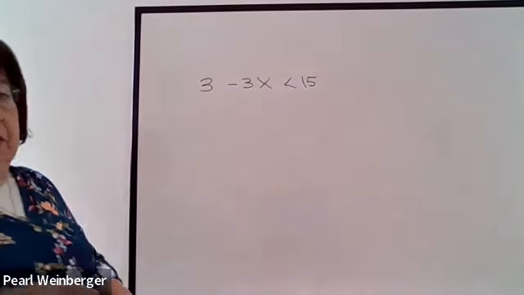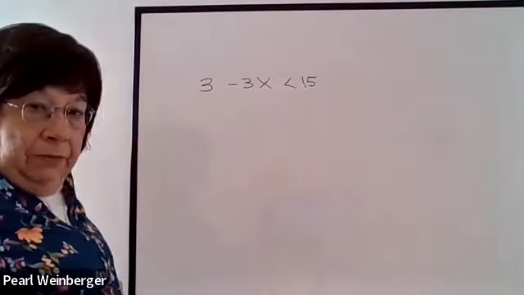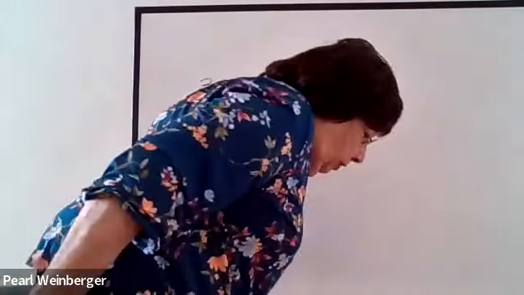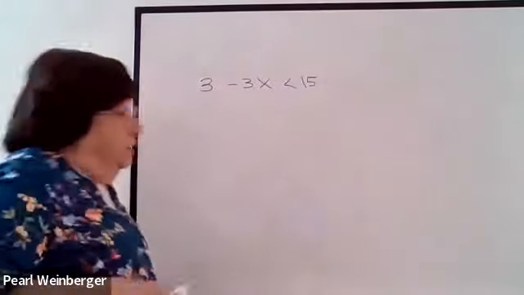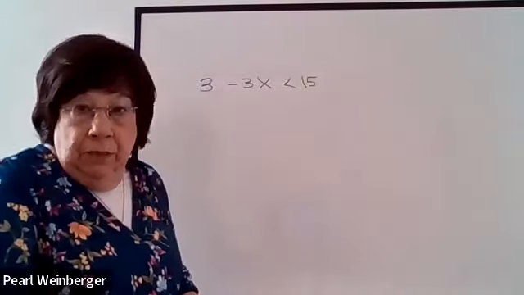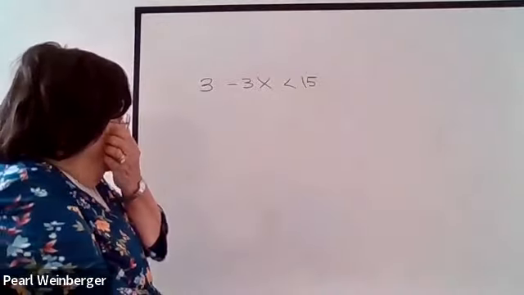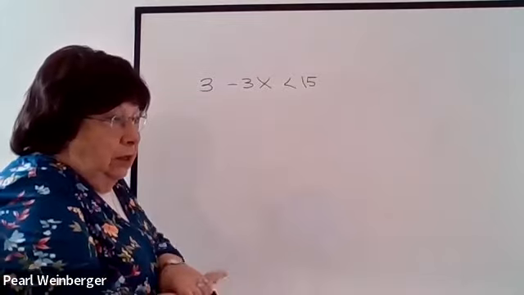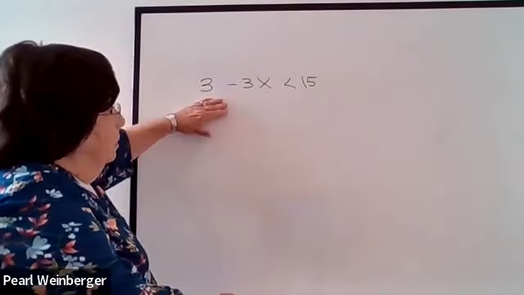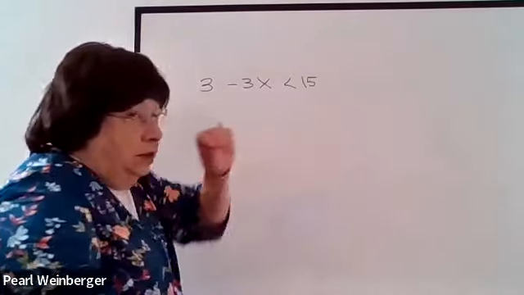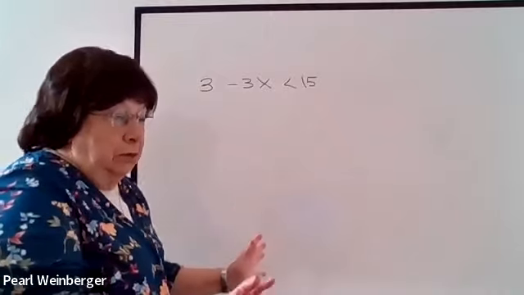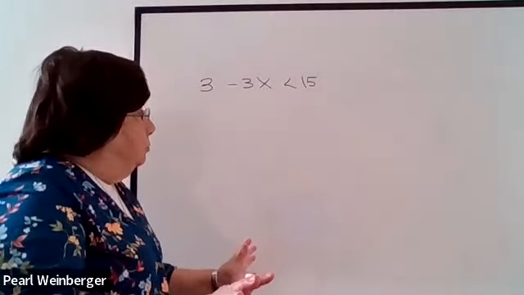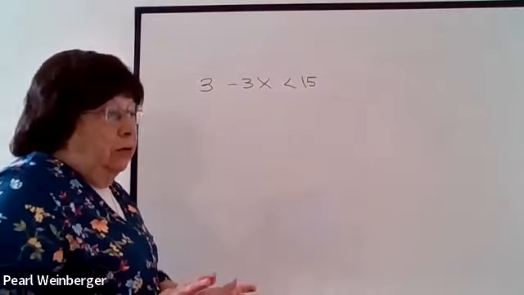All right, so let's take this problem and work it through in terms of how we solve it and how we put the answers on the number line, and also how we write the answer in interval notation. Now, if you remember, when it comes to an inequality, you can't just come up with a number. You can't say the answer is 4. That's not how it works.